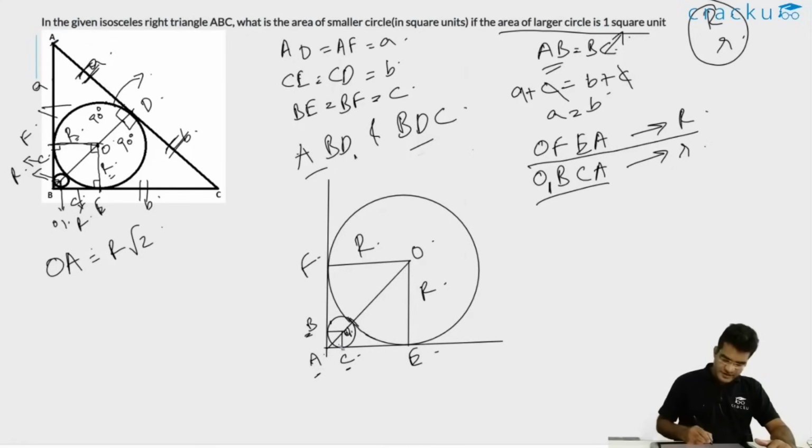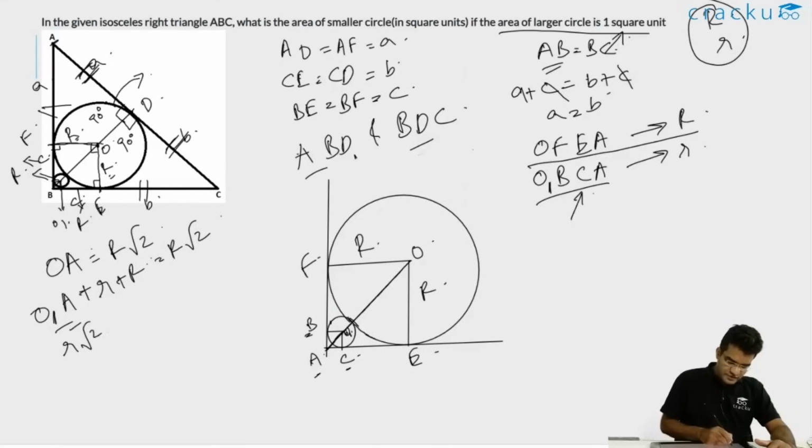But this OA can be again classified as OA is equal to O1A, which is the diagonal of the smaller square, plus small r plus capital R. This is basically the distance between the centers. O1A is the diagonal of the smaller square, so that will equal small r root 2. So small r root 2 plus small r is equal to capital R root 2 minus capital R.